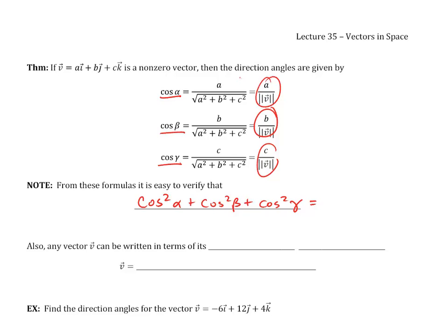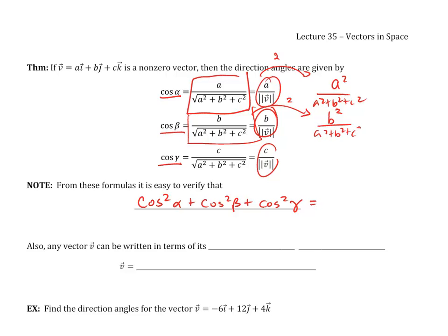If I squared this one, I'd get a squared over what's inside the square root, or a squared over a squared plus b squared plus c squared. Same thing here: squaring this one, I get b squared over a squared plus b squared plus c squared. And squaring this one, I get c squared over a squared plus b squared plus c squared.